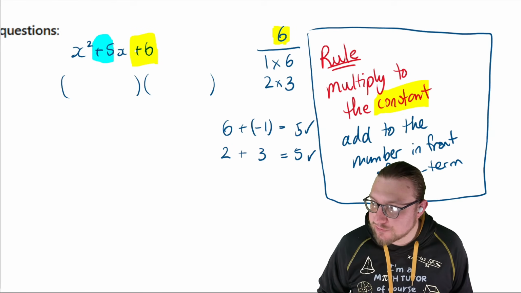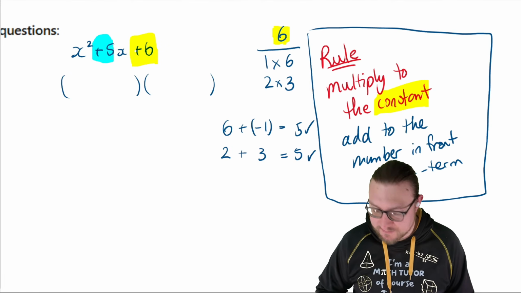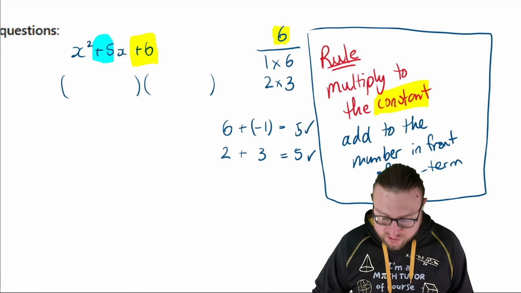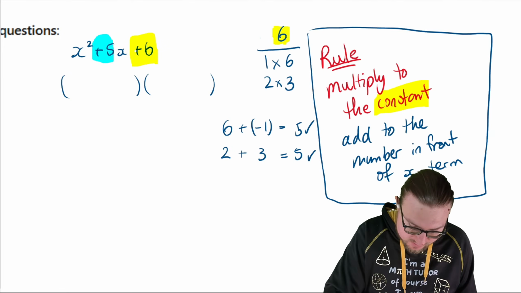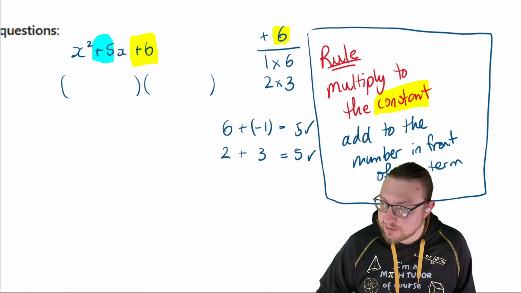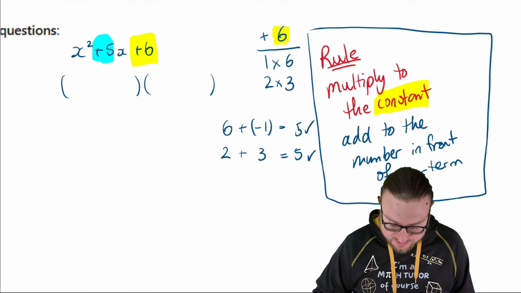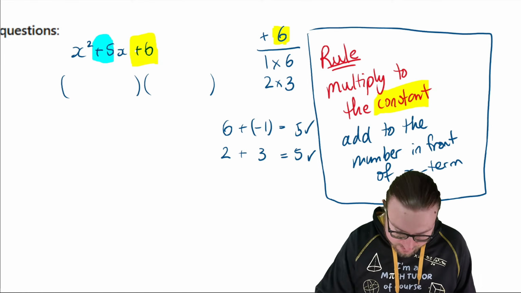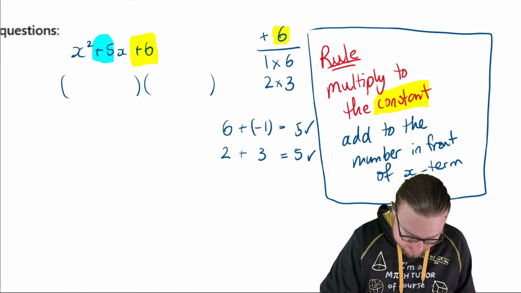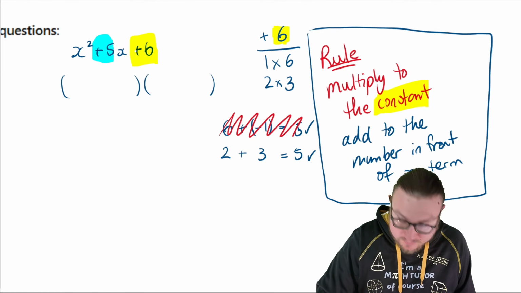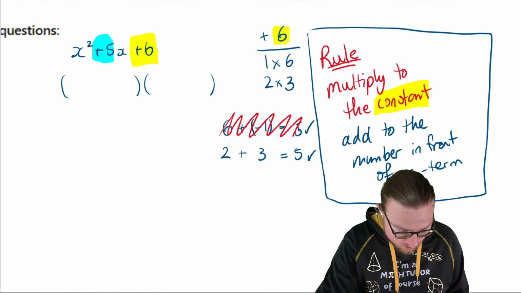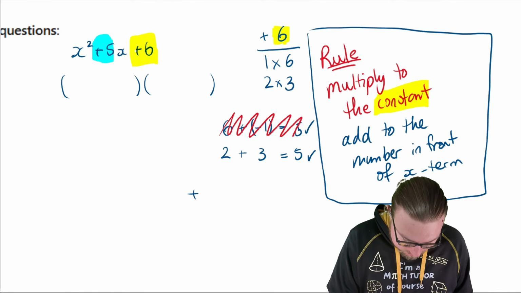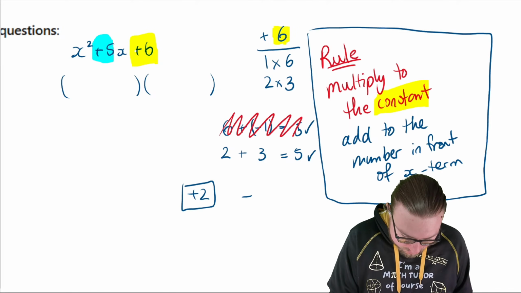But remember, they have to, at the same time, multiply to a +6, because we had a positive here. 6 times -1 can only be a negative. So that one cannot be the correct answer here. So there's only one option here for us. It is a +2 and a +3.